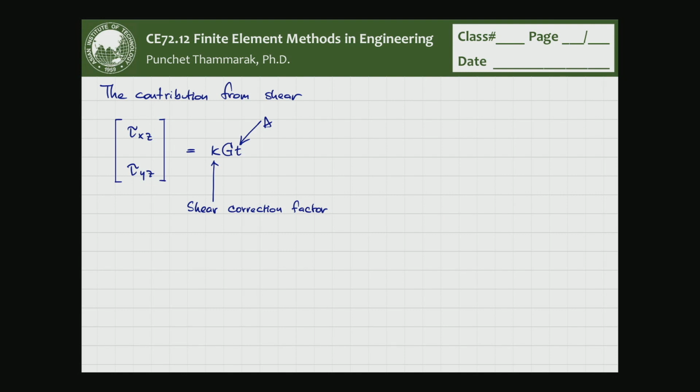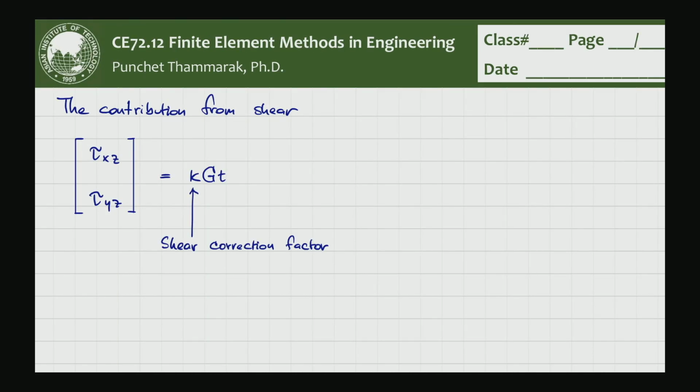But here, as it is done over 1 unit length, it is just the thickness. You do not have the length, so it is simply the T. So K, G, T, and then multiply by the shear strain.